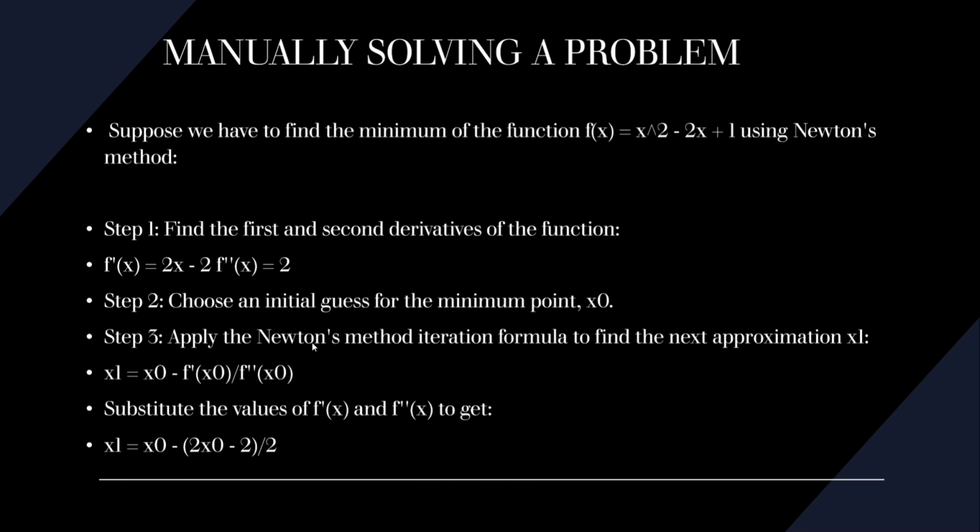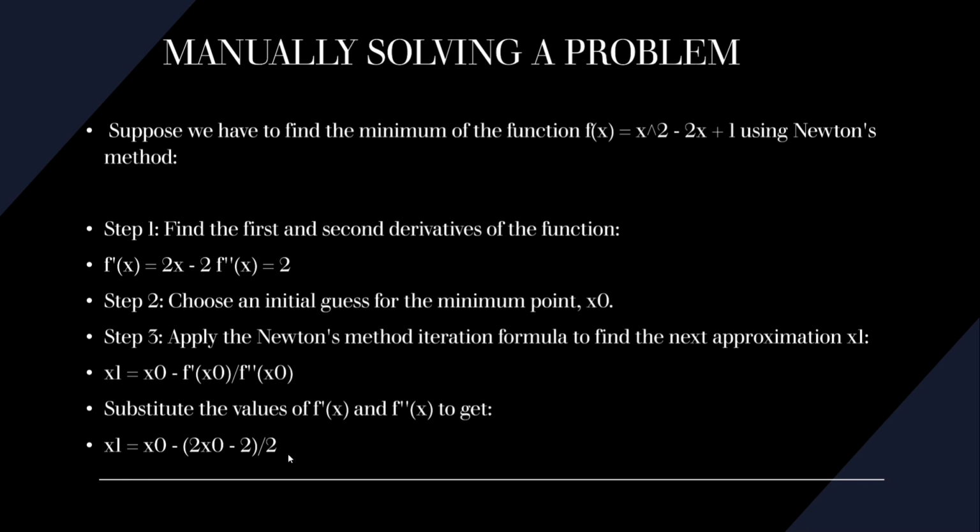Now let us take the initial guess as x0. We can take any guess; here assume 0 as the initial guess point. Apply Newton's method. We find the new guess using the initial guess, and if the distance between the initial guess and the new guess is minimum or equal, then we stop the iteration process.